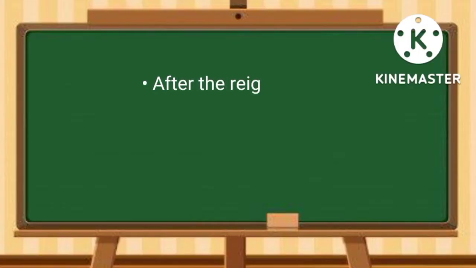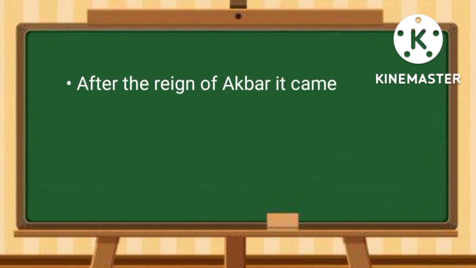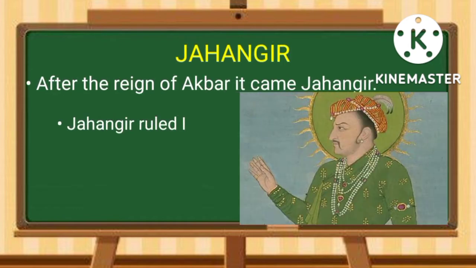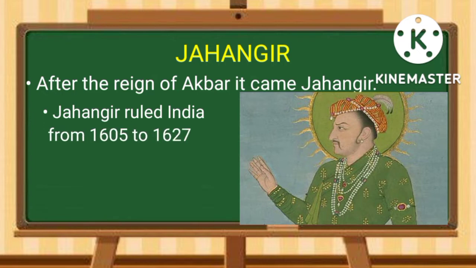After the reign of Akbar, came Jahangir. Jahangir ruled India from 1605 to 1627. After Jahangir came one of the most famous Mughal rulers, the fifth Mughal ruler, who ruled India from 1627 to 1658.